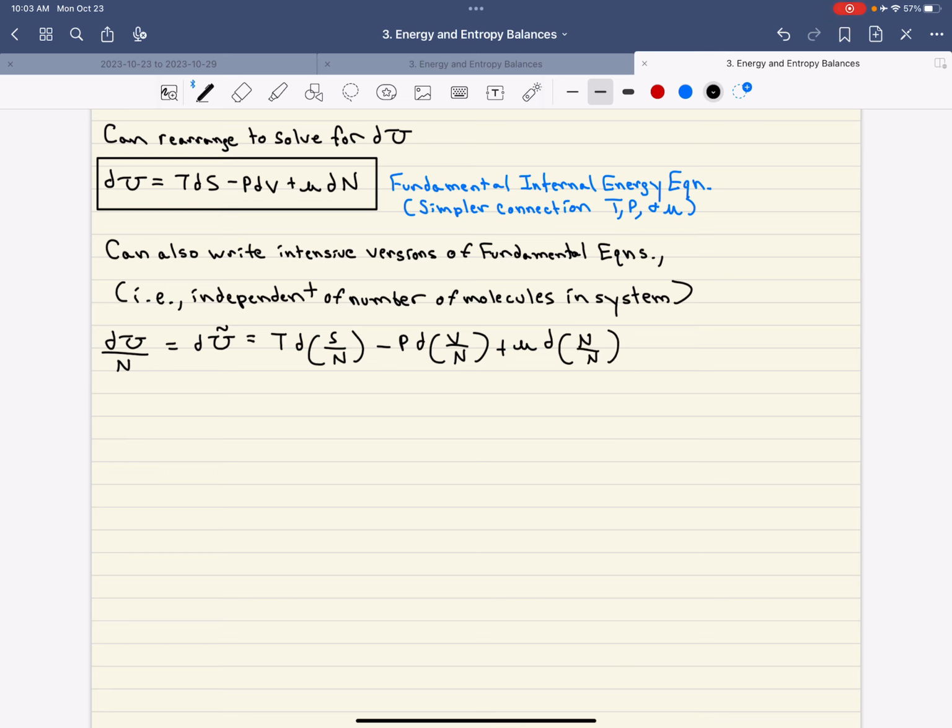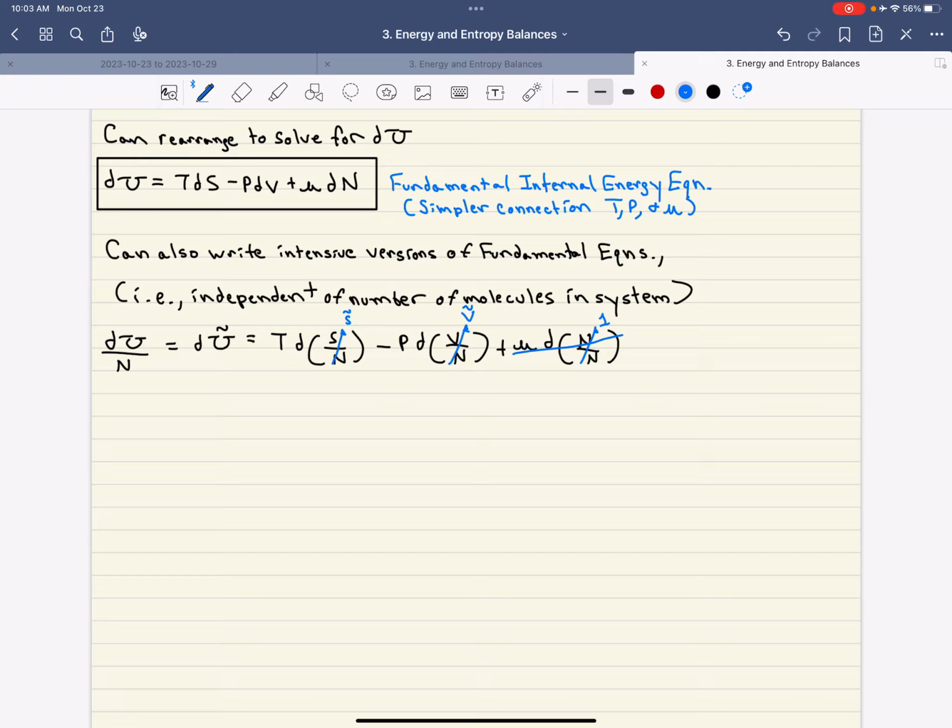Okay? All right? And so S over N, that's just going to give us the molar entropy. V over N, that's going to give us the molar volume. But when we have N over N, we're just going to get 1, right? The N's cancel. And here, if we're taking the derivative of 1, which is a constant, that's going to be 0.